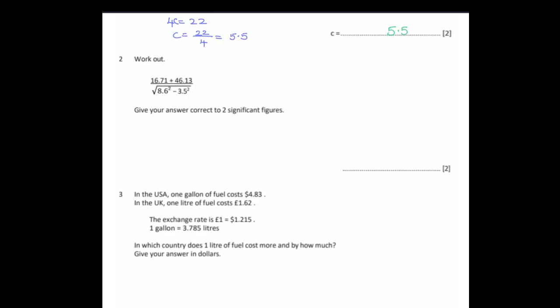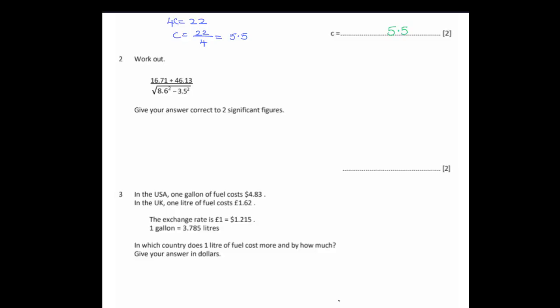Question number 2. Work out 16.71 plus 46.13 by the square root of 8.6 squared minus 3.5 squared. Give your answer correct to two significant figures.